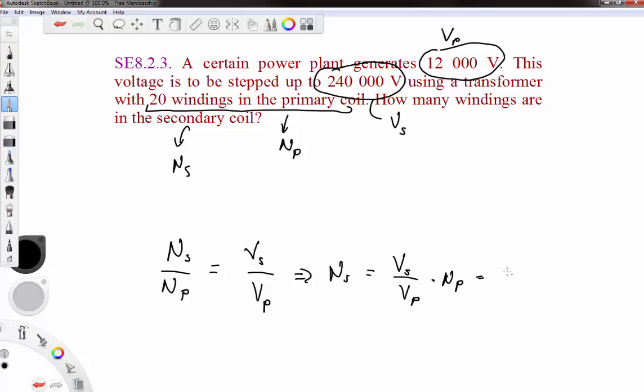So that is 24,000 volts divided by 12,000 volts times 20. So this over this would give us 2. So that means the number in the secondary coil should be 20 times 20, or 400 windings.